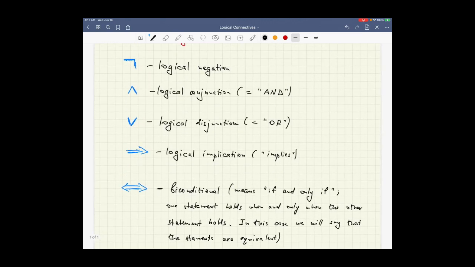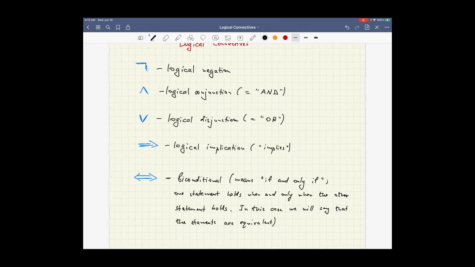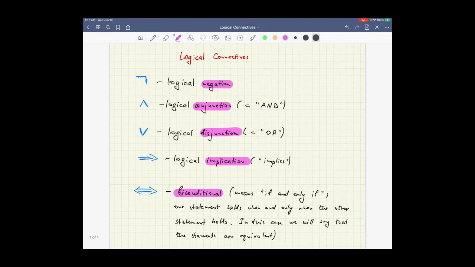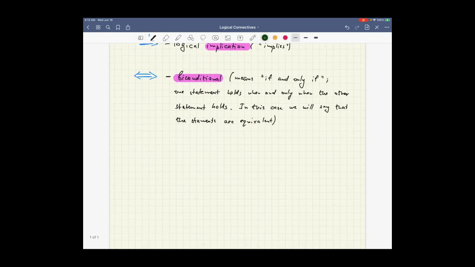So again, negation, conjunction, disjunction, implication, and biconditional. One of the common ways to introduce these ideas is to use what's known as truth tables.